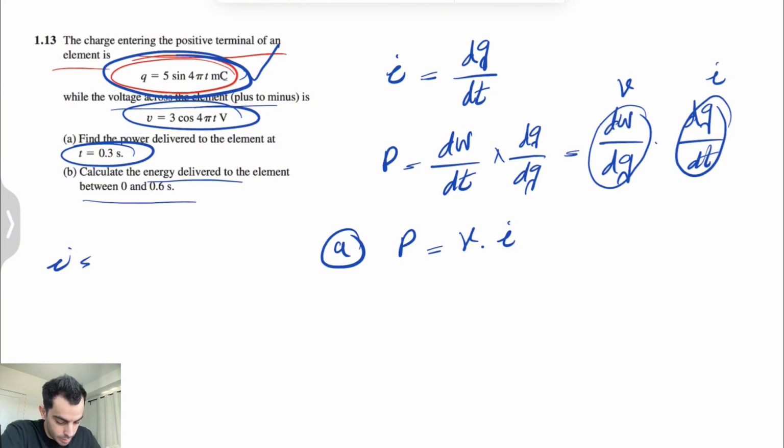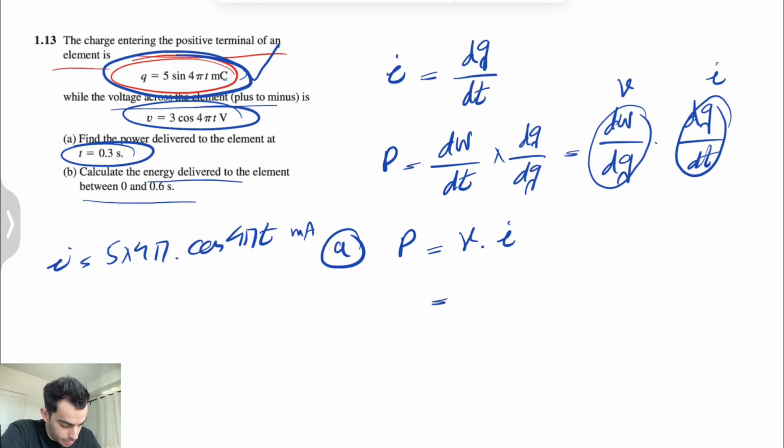The derivative would be 5 times 4 pi, and sine would become cosine of 4 pi t. And since the charge is in millicoulomb, this is going to be in milliamp too. We already have the voltage, so we don't need to do anything about that. So we just have to multiply these two values.